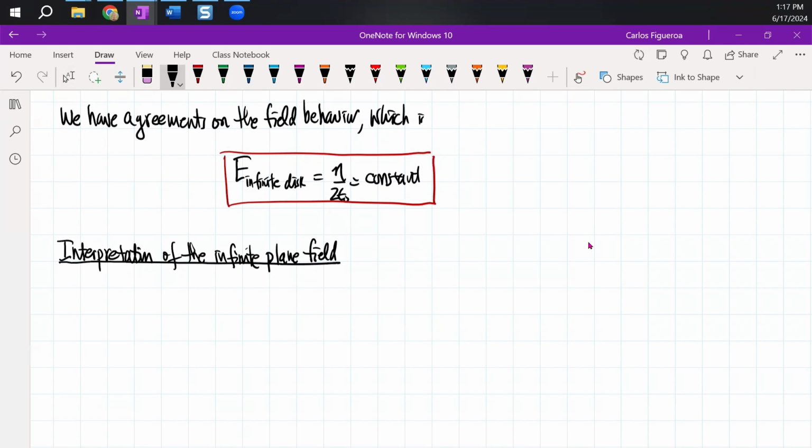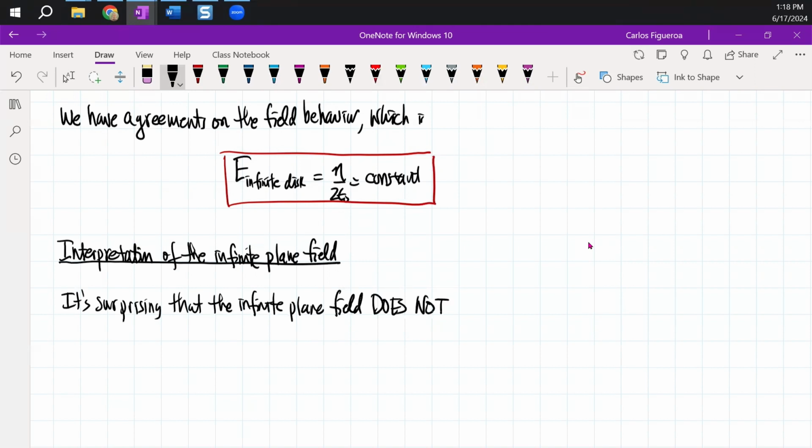So what I'm saying here is that it's surprising that the infinite plane field does not contain z.